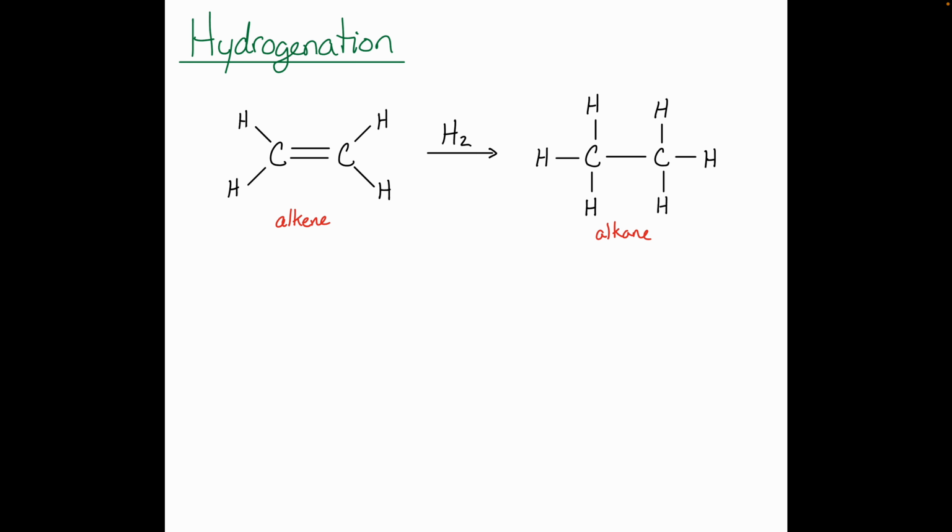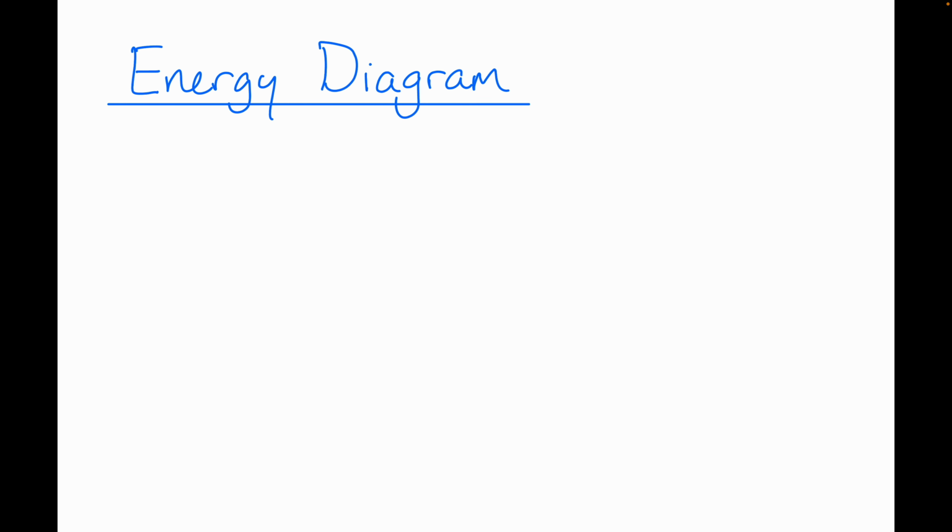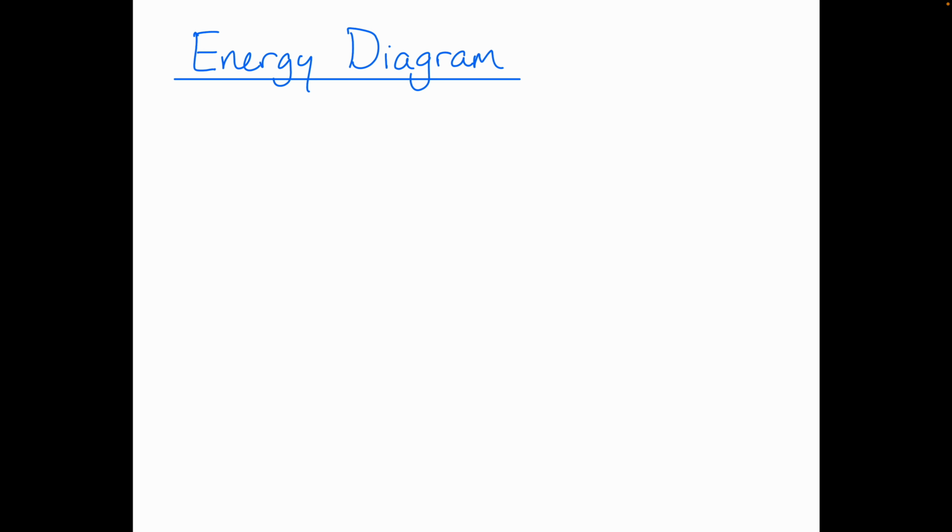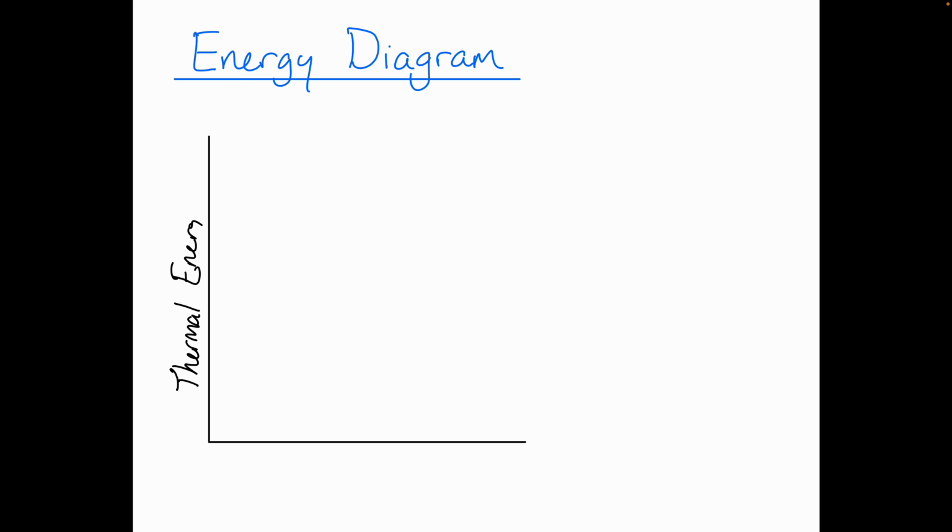In order to better understand what's going on here, we're going to look at what we call an energy diagram. You might remember these from Chem 1B. We're going to make this little graph here, where on the y-axis we have thermal energy, and on the x-axis we have what we call reaction coordinates.